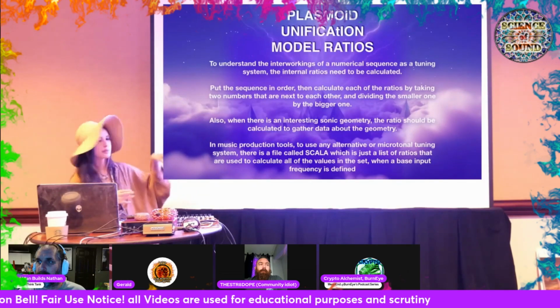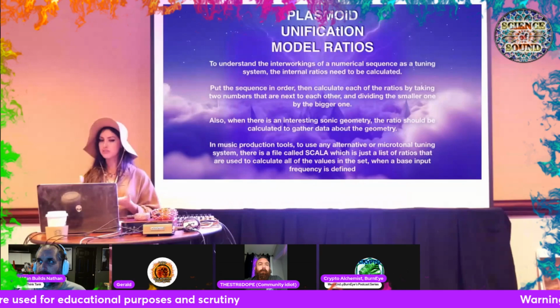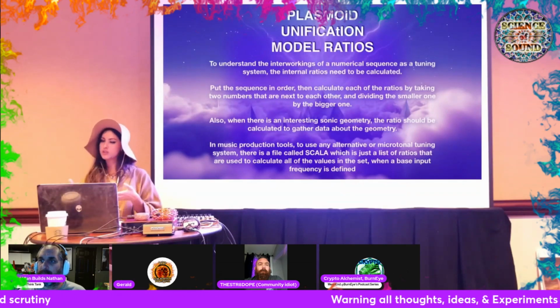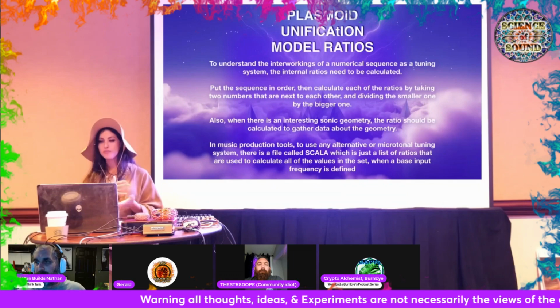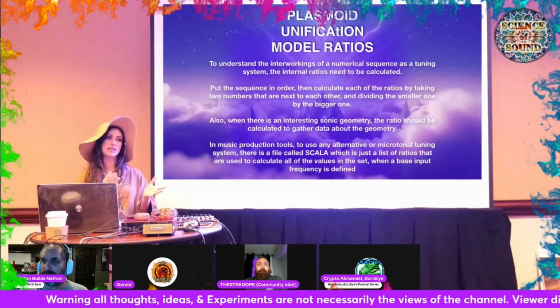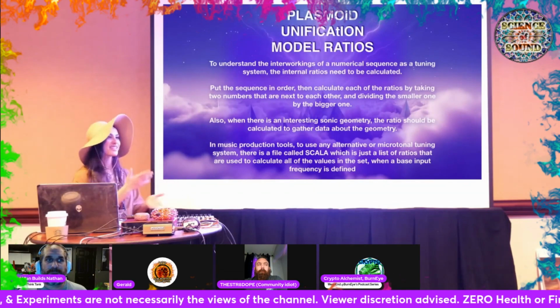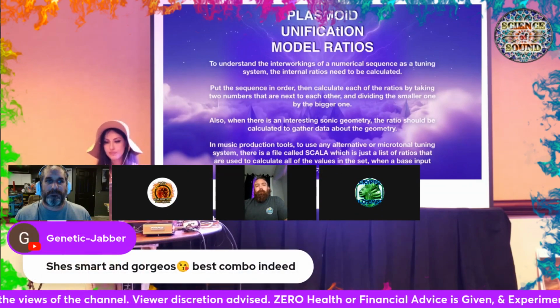When the sequence is in order, I calculate the ratios by first starting with the numbers next to each other, taking the larger number and dividing it by the lower number to get that ratio. But ultimately, you can get any ratio by taking literally any two numbers and dividing the bigger one by the smaller one.